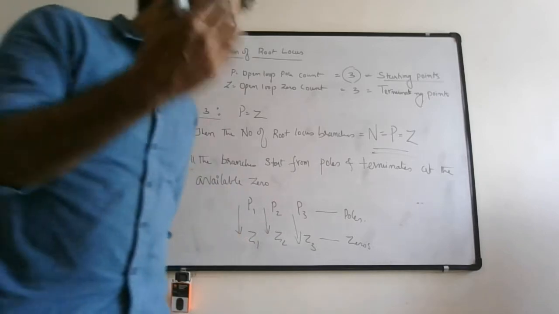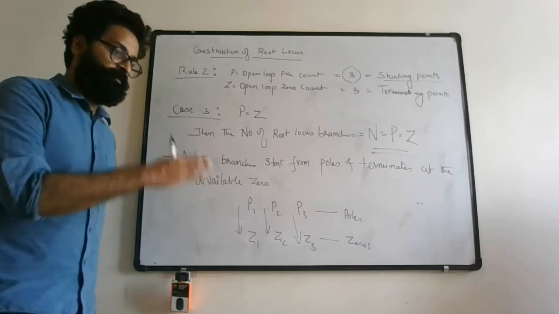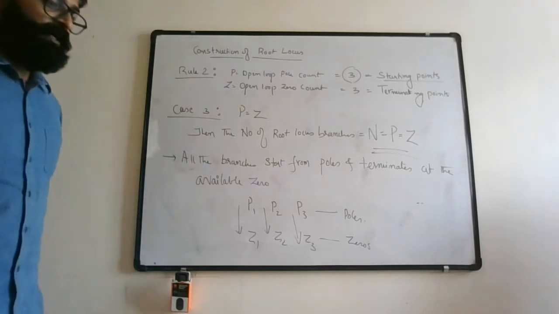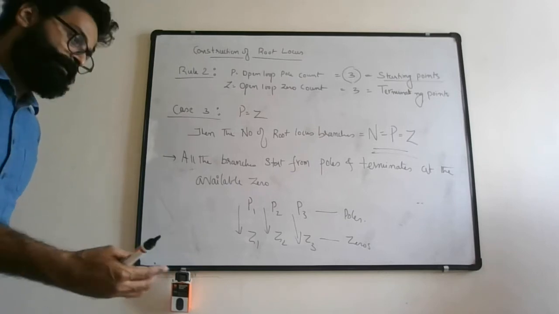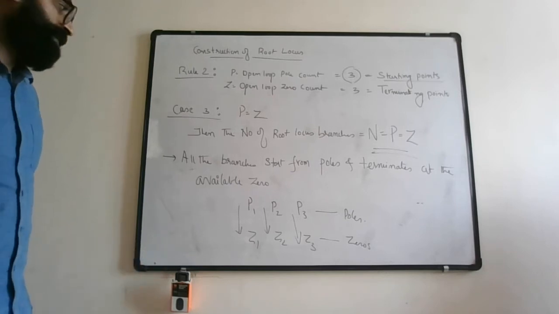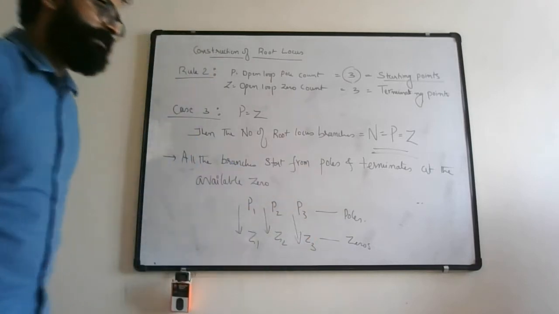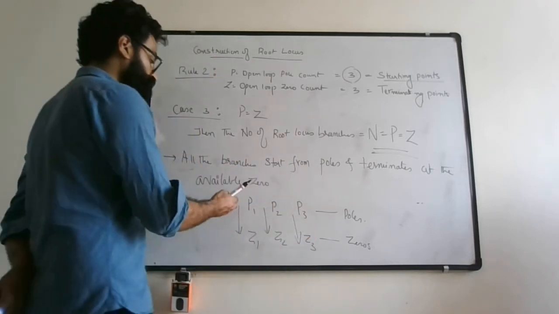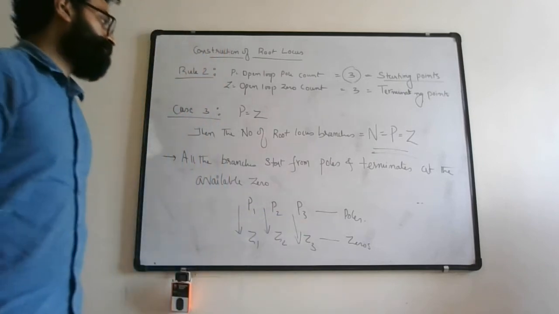So there is no extra branch which is left out, as in the previous cases you have seen. You may have P minus Z left out branches or Z minus P as the left out branches. So in this particular case, you don't have any surplus branches. So for every starting point, you get a terminating point. Okay.